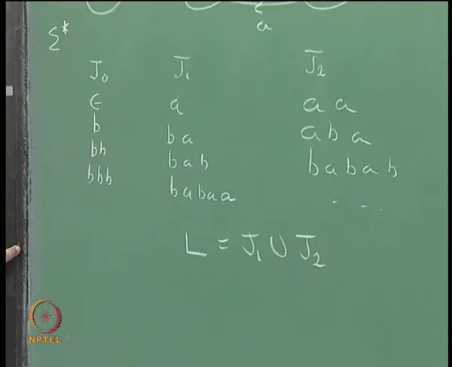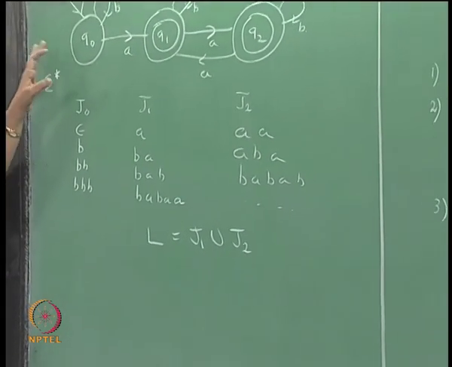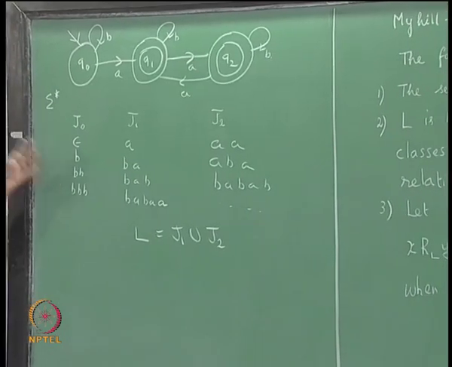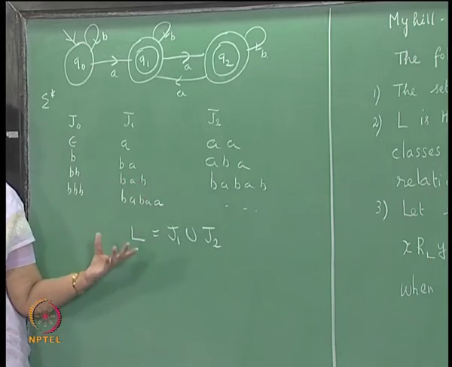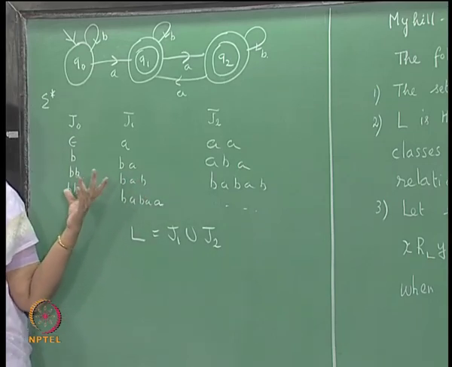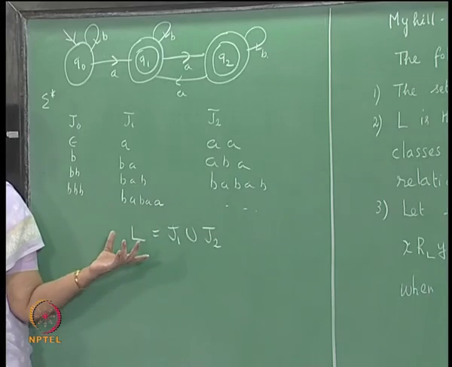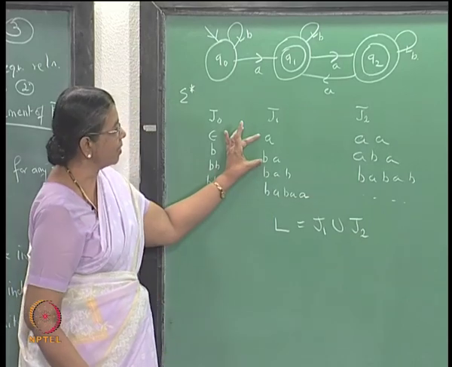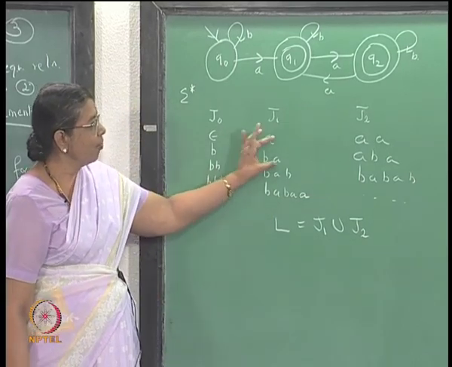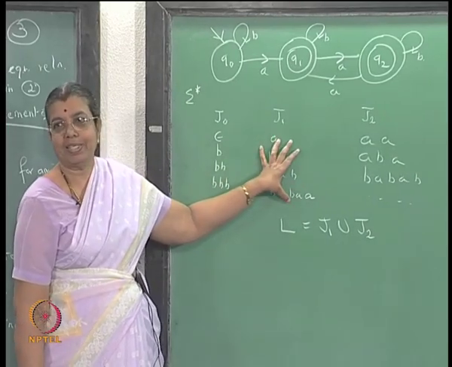So, you can see that starting with a DFSA, you find that it divides sigma star into equivalence classes. It is of finite index, index is 3 here, right, and L is the union of some of the equivalence classes. Of course, it is right invariant, because if 2 strings belong to the same class, and you follow them with a string having an even number of A's, you will go to the same class.